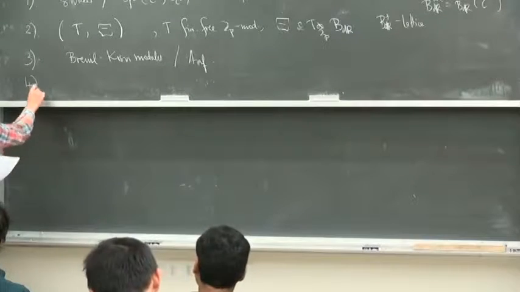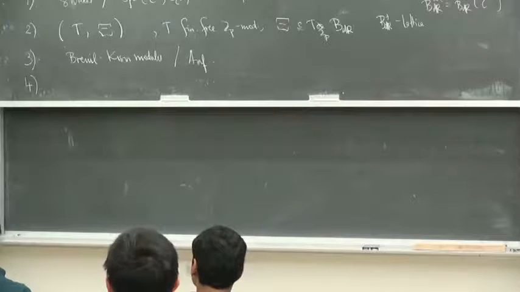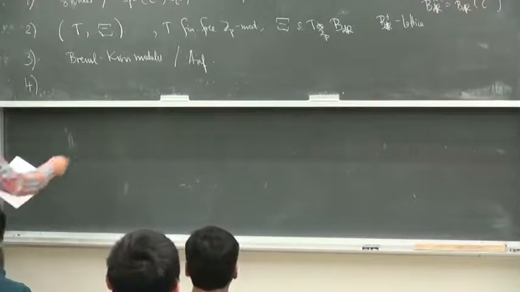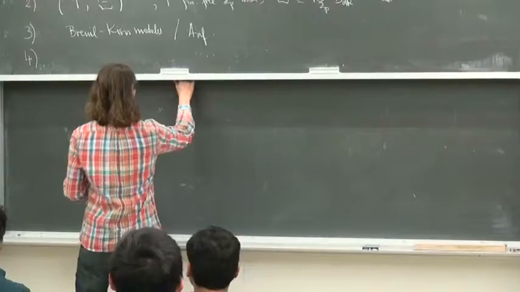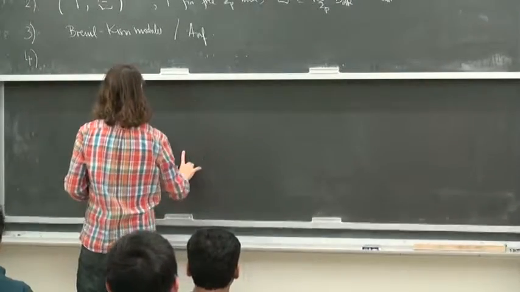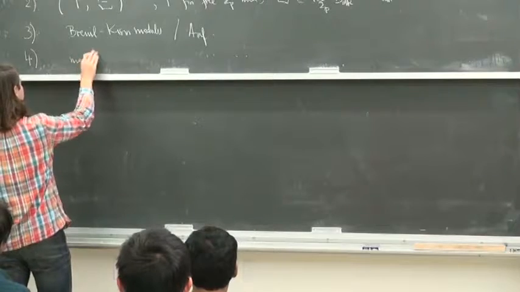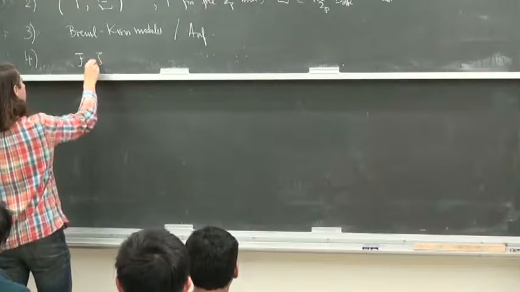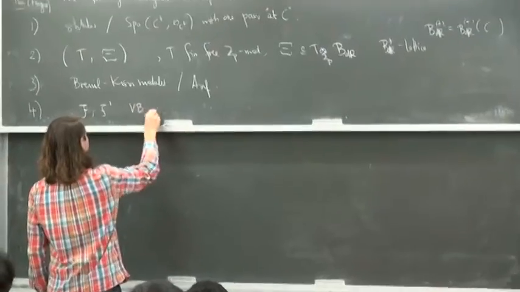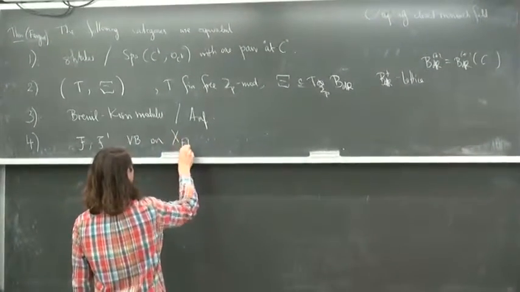And then there's also yet another incarnation of this category, which is good to have in mind. And that carries the following data. So first of all, F and F prime are vector bundles on the Fargues-Fontaine curve.